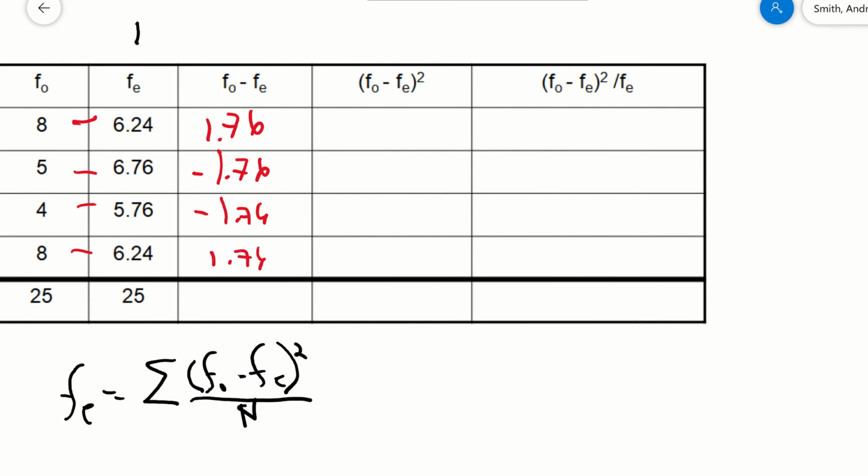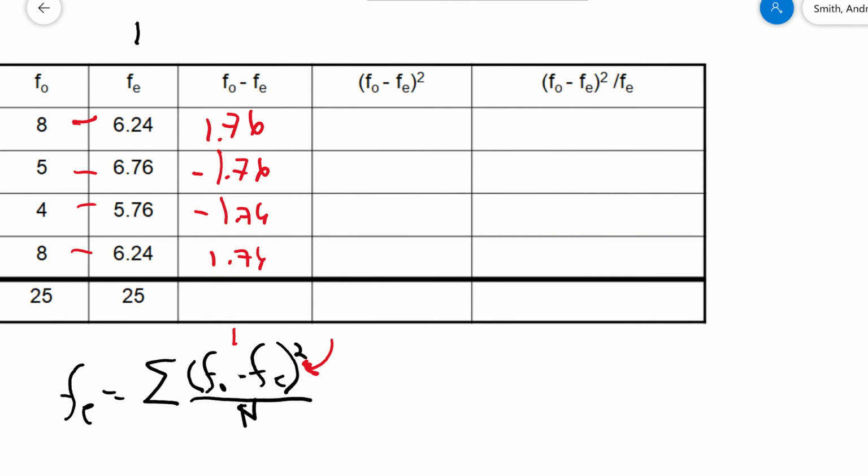So this is step 2 here. Now step 3 means that we have to square it. So we're still going with what's inside of the formula. It just simply said that F observed minus F expected, we need to square. So we've already subtracted, so all we've got to do is square these.